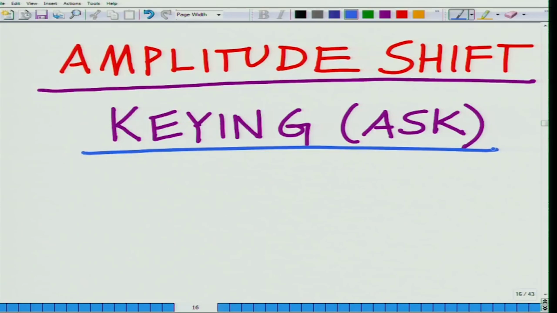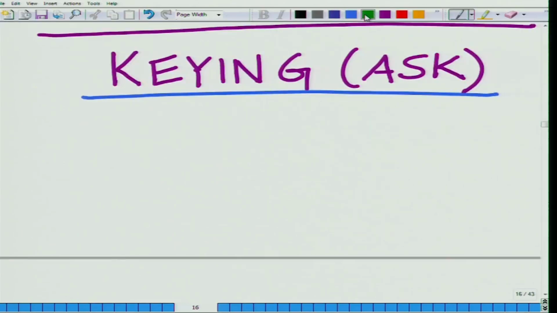This is yet another digital modulation scheme.